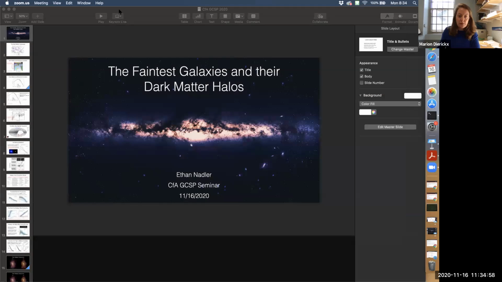His main interest is using small scale structure as a tool to understand dark matter physics. More generally, Ethan is interested in simulations and analytic descriptions of structure formation, and he's an active member of the DES, LSST, and SAGA surveys. So Ethan, the floor is yours if you'd like to get started.